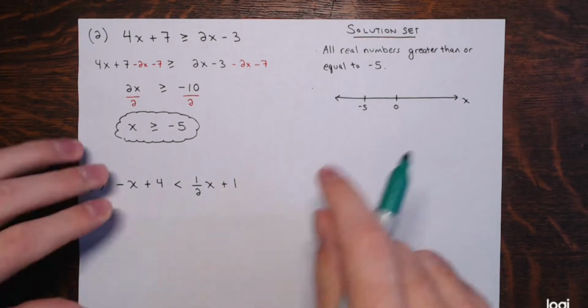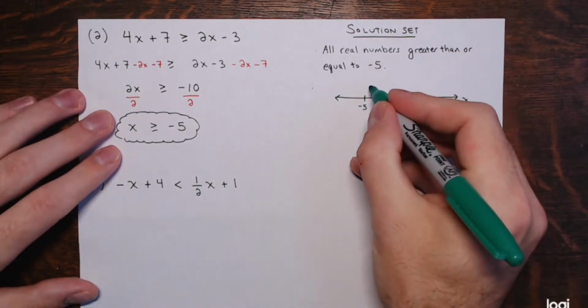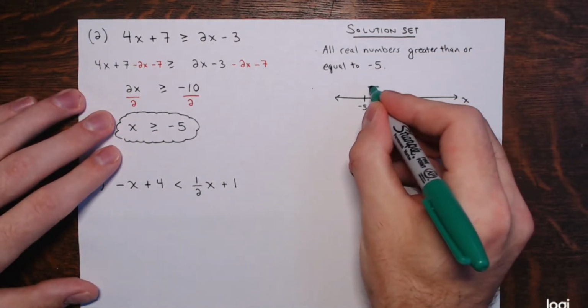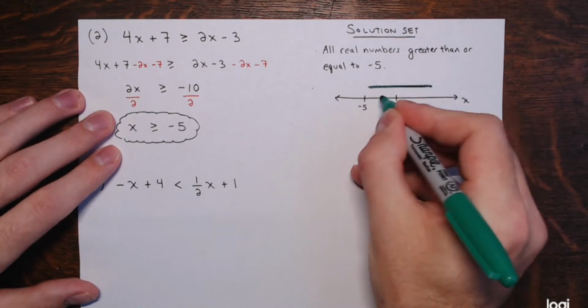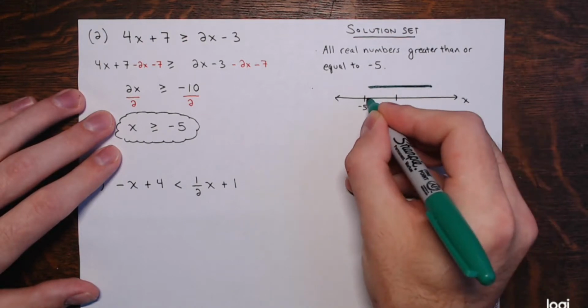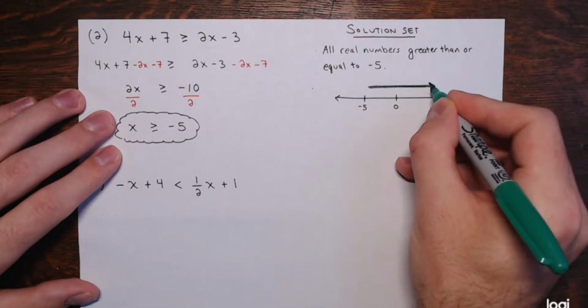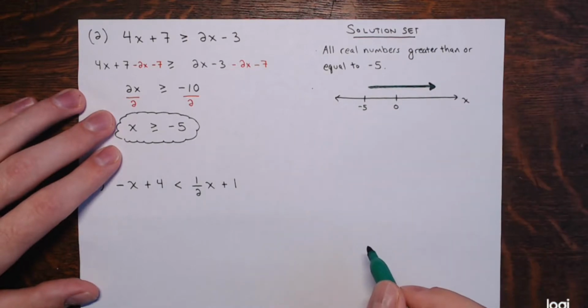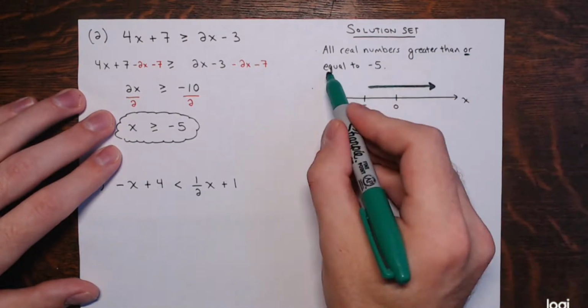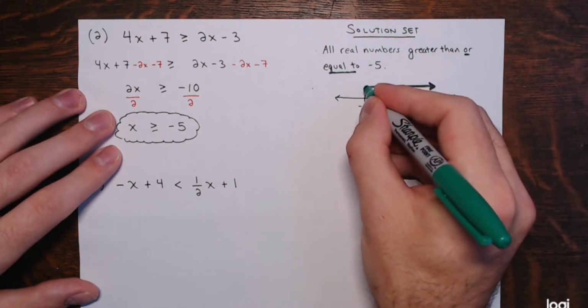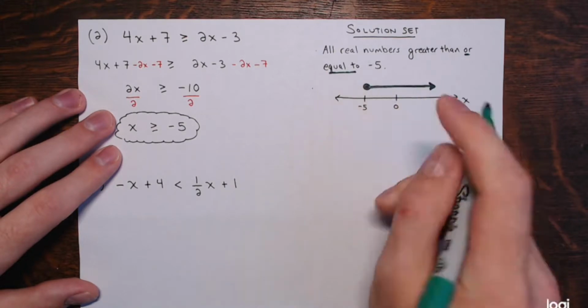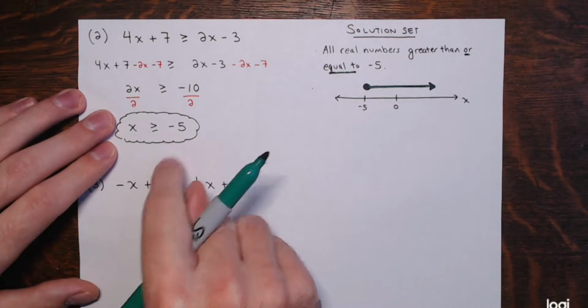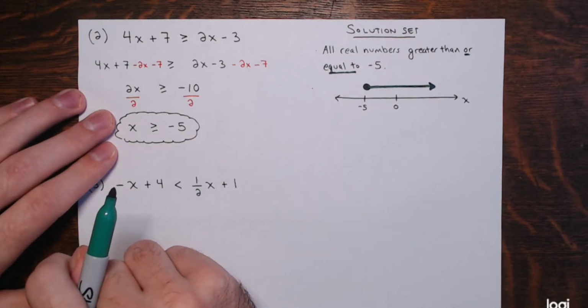And we're talking about all the numbers greater than -5. That'd be to the right of -5. -4, -3, -2, -4.9, 5 million, forever. But or equal to, so -5 is included in the solution set. -5 does satisfy this. Makes it true.